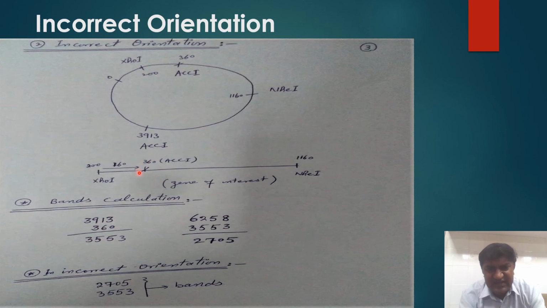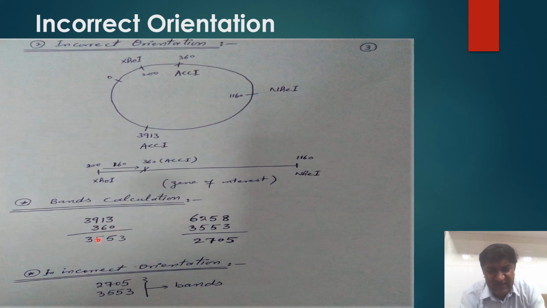Now it is easy. If you find this value, then you can easily find out the band's length. As I told you, the band location outside the gene of interest minus the cutting site inside of the gene of interest.